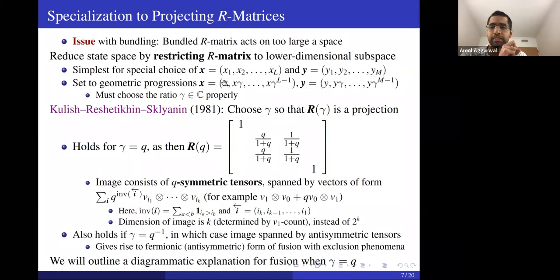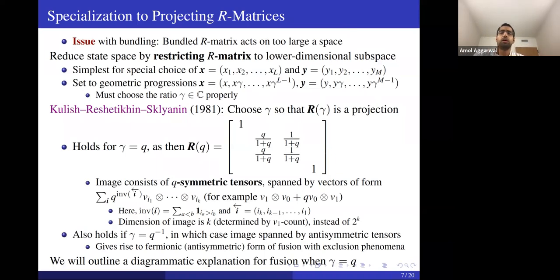So x is x, x gamma, x gamma squared, x gamma cubed, all the way to x gamma to the L minus 1, and y is y, y gamma, y gamma squared, all the way to y gamma to the M minus 1. Now I need to pick my gamma properly. The basic rule is that you pick gamma so that the R matrix from the first slide is a projection.